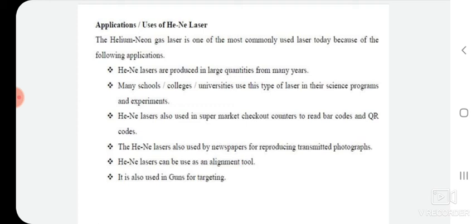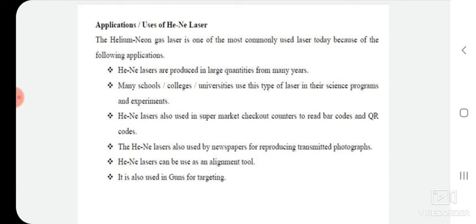He-Ne lasers are also used in supermarket checkout counters to read a barcode and QR code, and by newspapers for reproducing transmitted photographs.